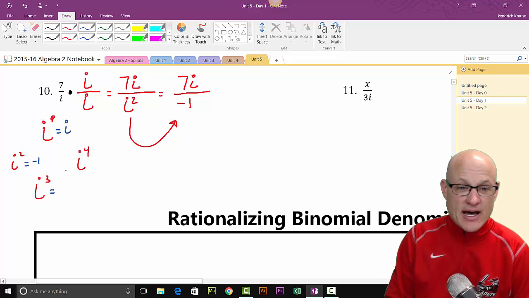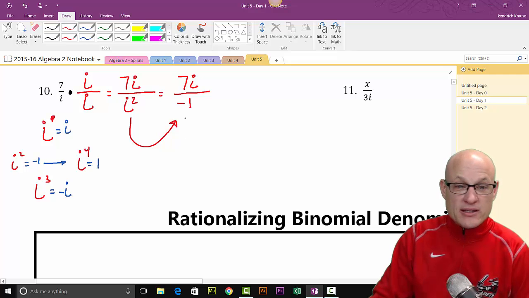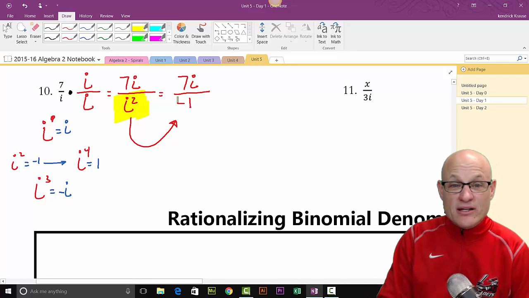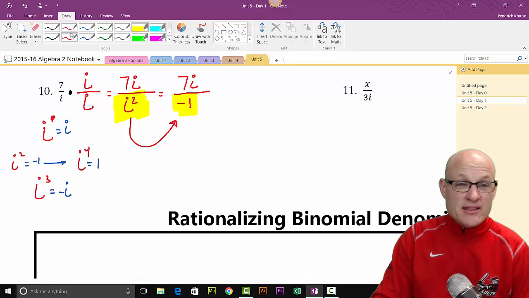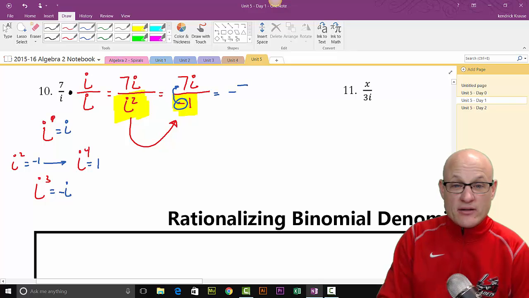So instead of being i, it's -i. Instead of being -1, it is +1. But the thing I want you to remember, and this is key, is i squared is really -1. And I think I said earlier, you never leave the negative in the denominator of a fraction, so we should bring that up. So my real answer is -7i.